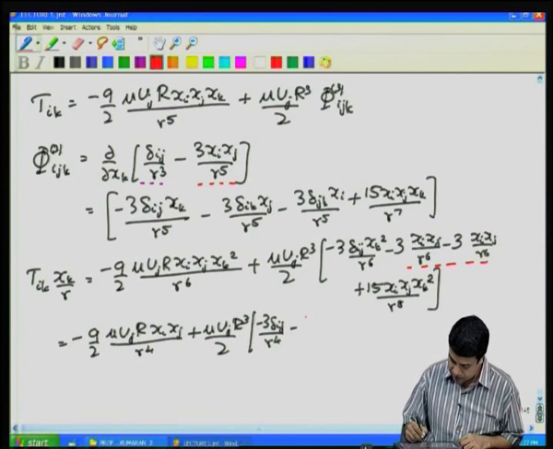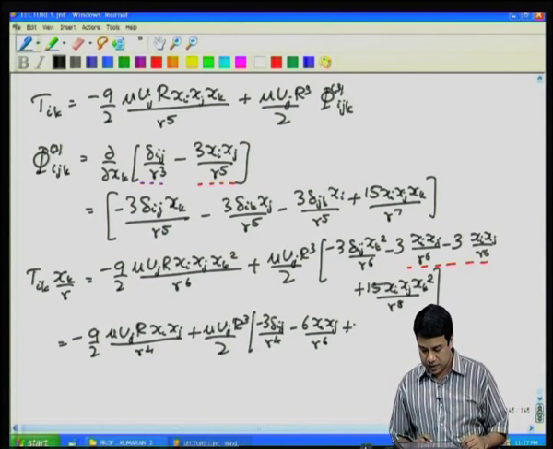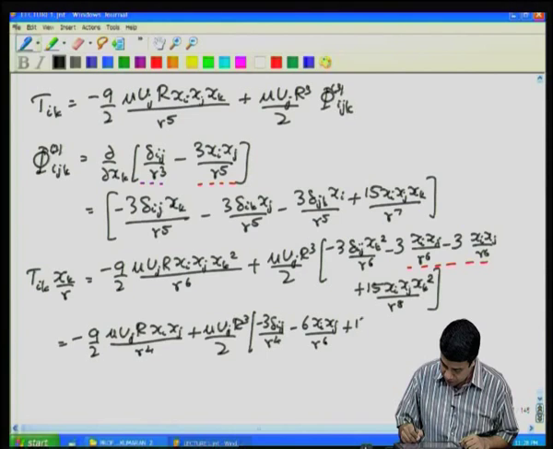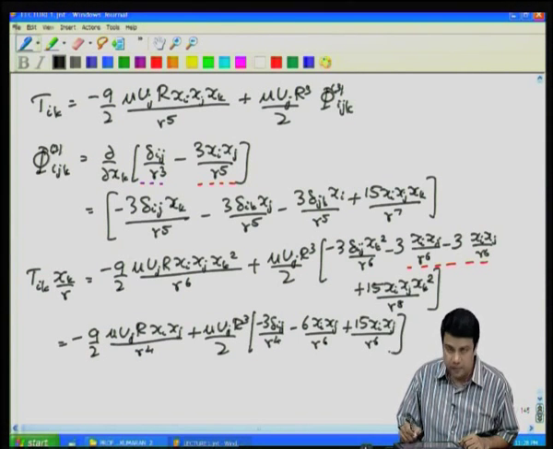So, I get minus 6 x i x j by r power 6, plus x i x j x k square by r power 8 just gives me 15 x i x j by r power 6.